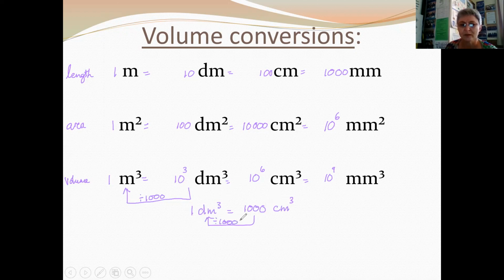These are the 2 very important conversions. Another thing we need to know is that a cubic decimeter is the same as 1 liter, and a cubic centimeter is the same as a milliliter. Right, let's move on to the real stuff.